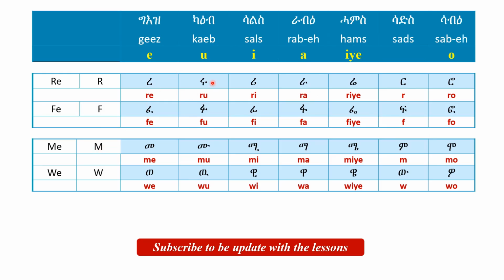Re, Ru, Ri, Ra, Rie, R, Ro. Fe, Fu, Fi, Fa, Fie, F, Fo. Me, Mu, Mi, Ma, Mie, M, Mo. We, Wu, Wi, Wa, Wie, W, Wo.